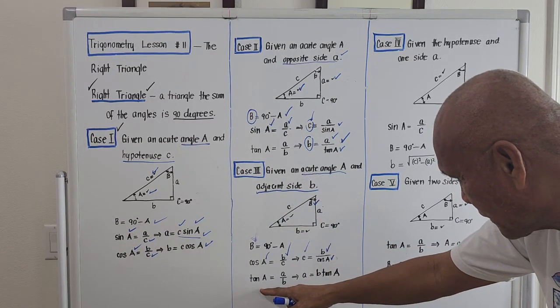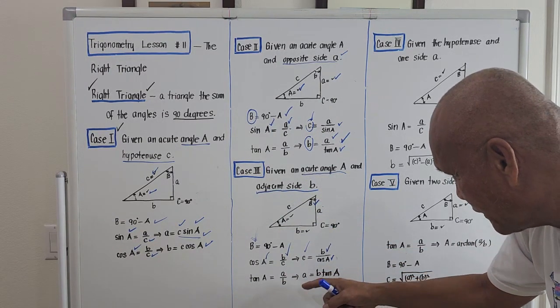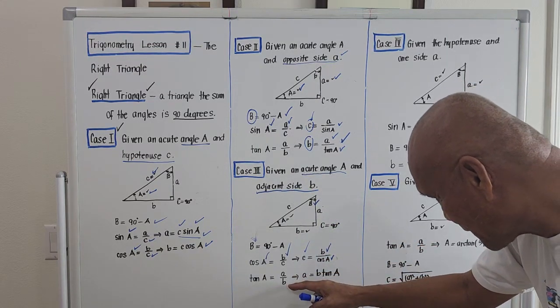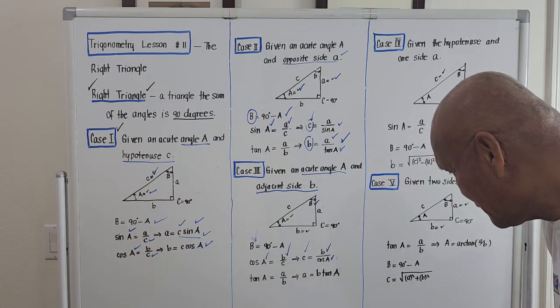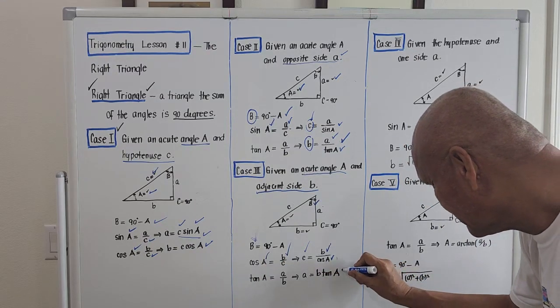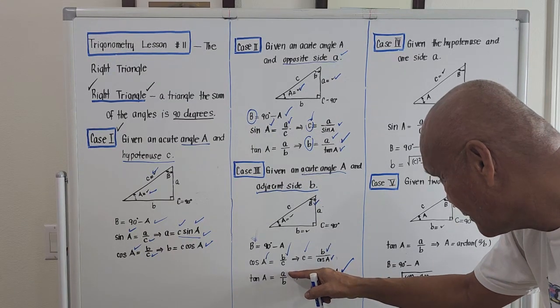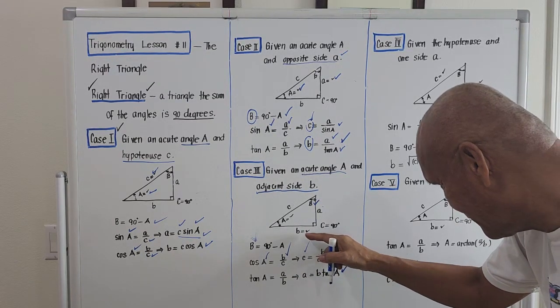So tangent of angle A will be A over B. If we compute for A, it will be the product of B times tangent A, because we are solving for A. What is given is adjacent side B.